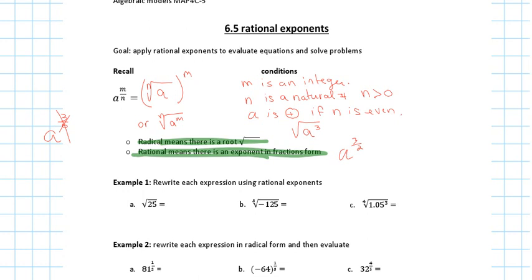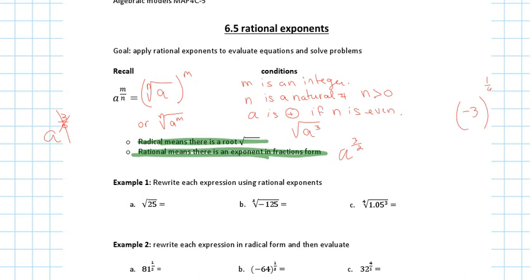So give me an exponent where n is even. Even means 2, 4, 6, 8. That's what even means. A to the power of 1 over 4? Okay. Now, how about if you do negative 3 to the power of 1 over 4?